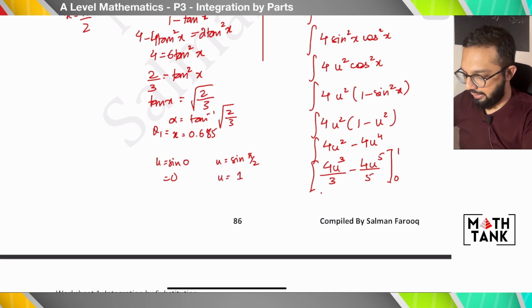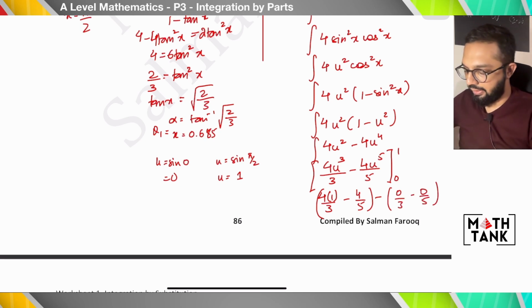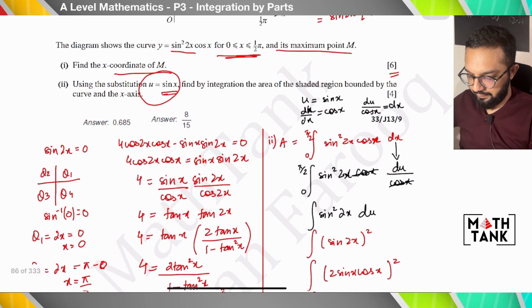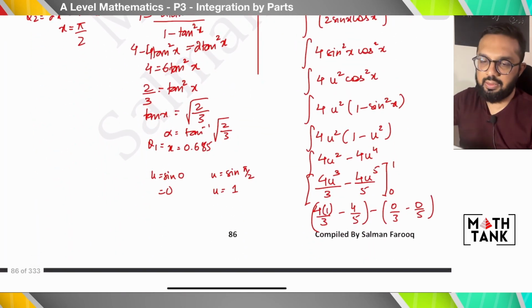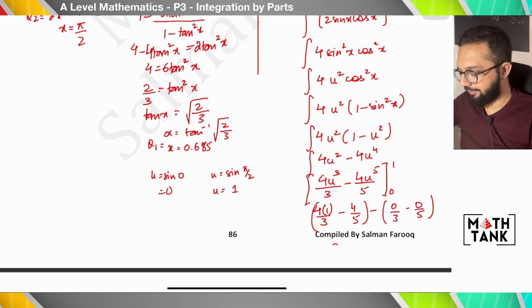So I think that's simple then. 4 over 3 minus 4 over 5, minus 0 over 3 minus 0 over 5. So 4 over 3 minus 4 over 5 should give us, yes, we have the right answer, 8 over 15.